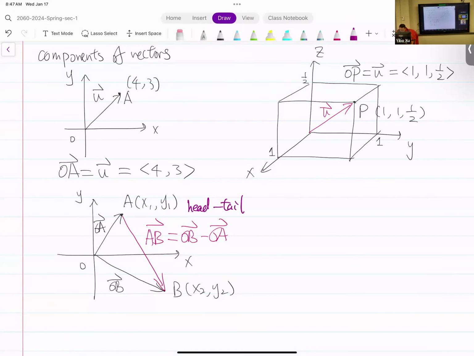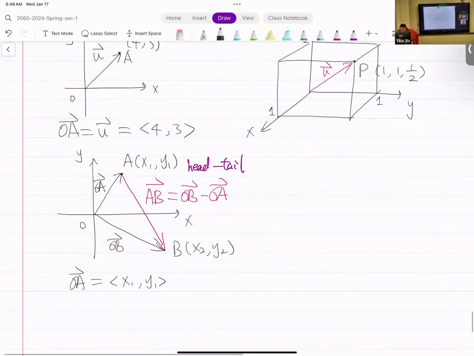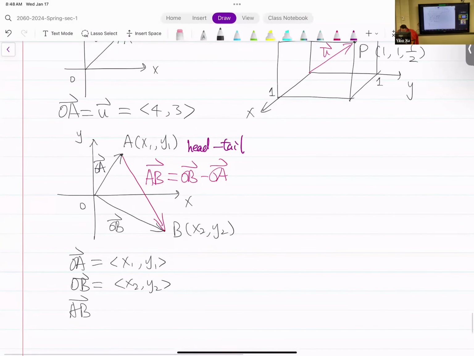So if we do that, then we can write down the coordinates. OA is the angle brackets x1, y1. That's the vector from O to A. Similarly, OB is just x2, y2. But now, AB is the head minus tail.